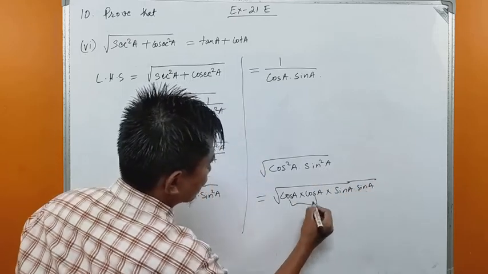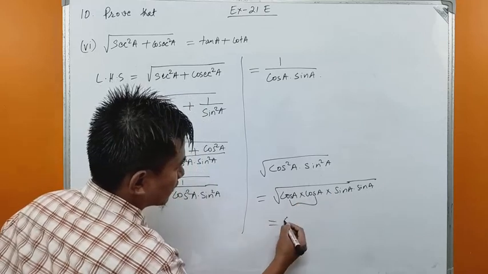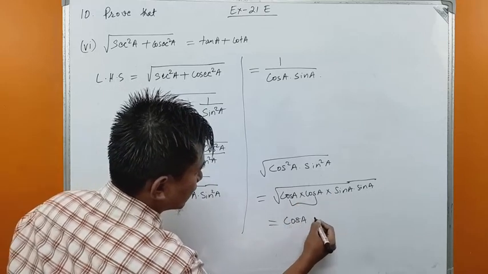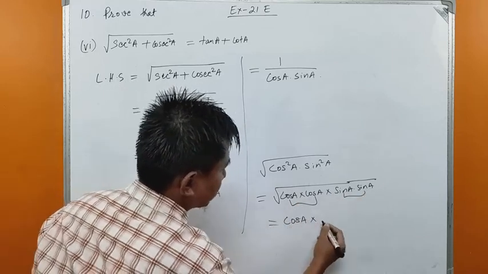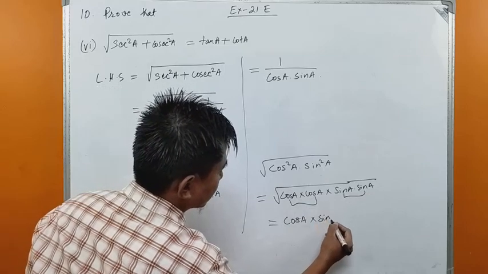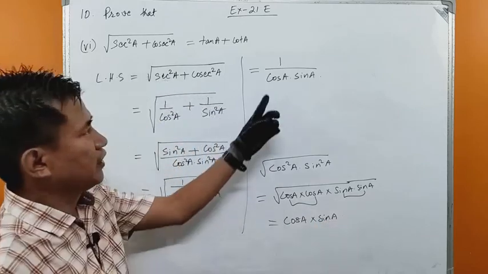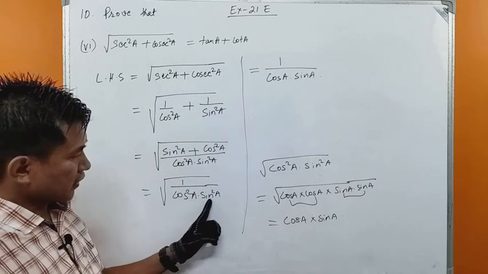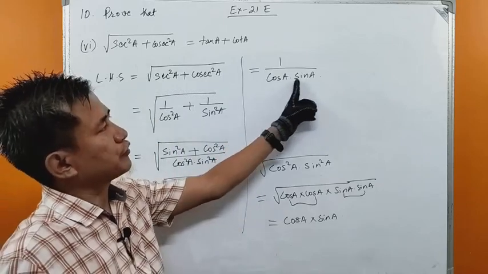Now cos A make a pair and remove the root, sin A make a pair and remove the root. We have cos A into sin A. Root under cos square A sin square A becomes root free, cos A sin A.